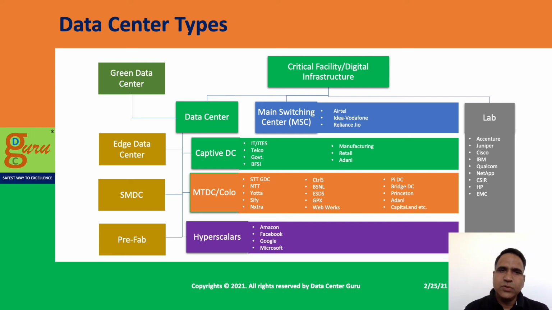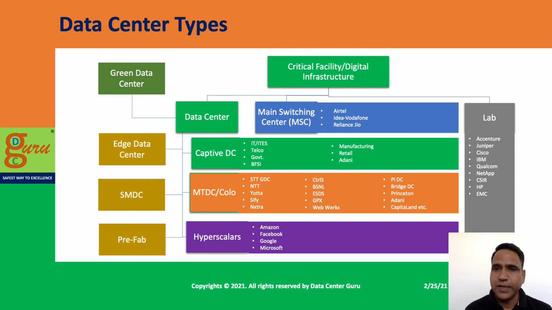Now coming to hyperscalers. In the previous slides, I talked about hyperscalers, where they reinvent the wheel and form a very specific design and specific products which can give them economy of scale, efficiency, faster deployment and also reliability. Based on that, they have selected a very special design, very large in size.